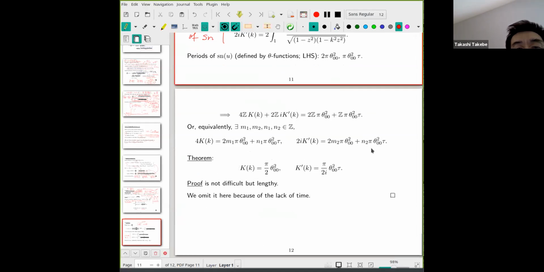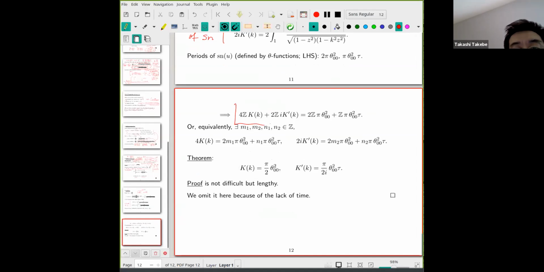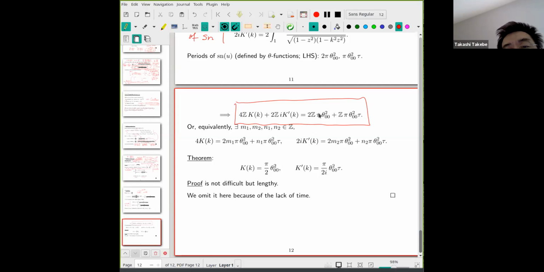So at least we know that the lattice is generated by them, and by them it is equal.